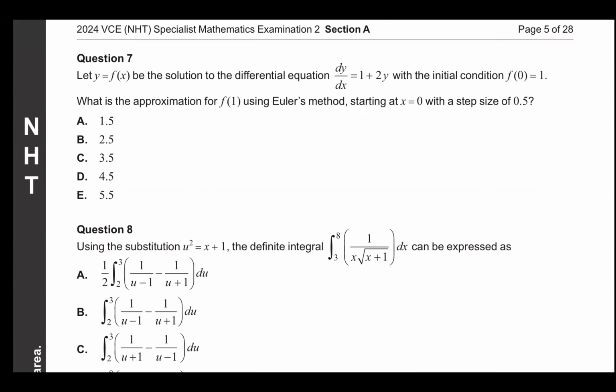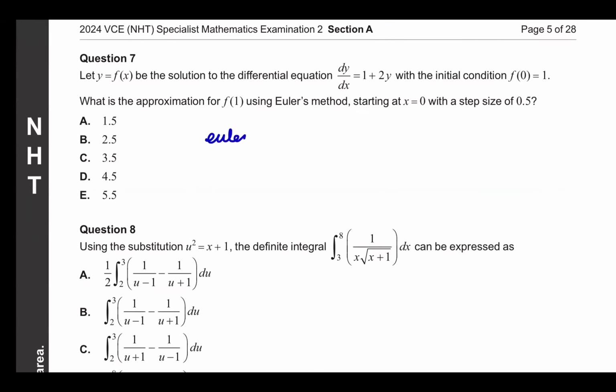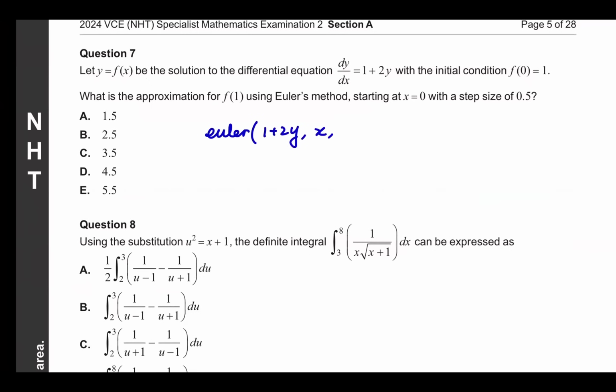Question 7. It's an Euler's method question, so you could use the command euler. Right-hand side of your DE, 1 plus 2y, independent variable, dependent variable. The domain, you start with 0 for the x value, and you end at 1.